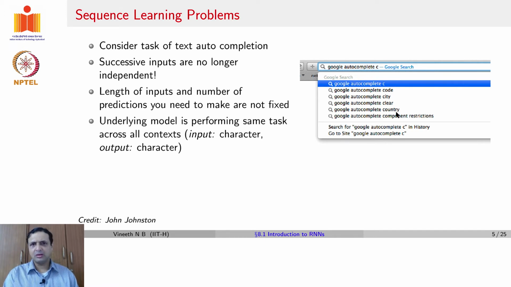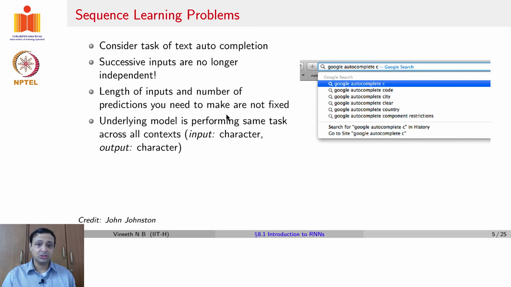Another important takeaway in such problems is, irrespective of what you may have as the input, whether you had 2 words before the C or 3 words before the C or 1 word before the C, the model has to perform the same task across all of these contexts. Given a previous phrase, it has to now predict the next set of characters.